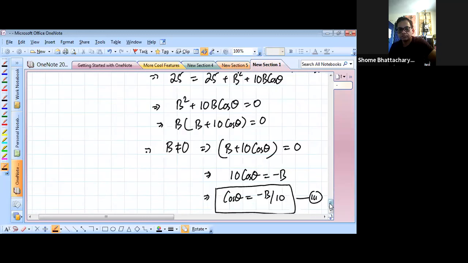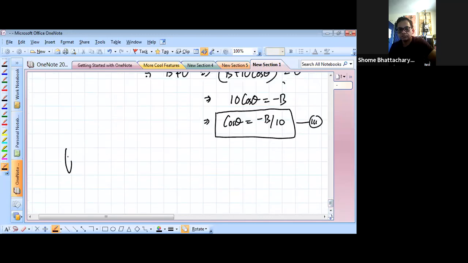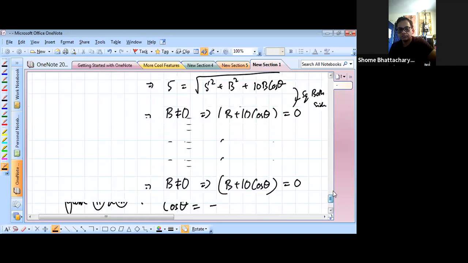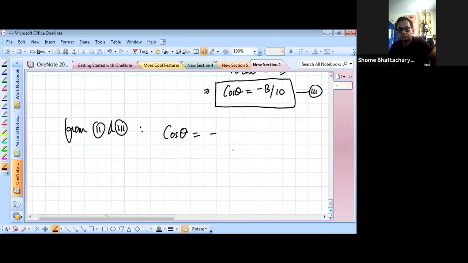You can see that if you compare equations 2 and 3, from equations 2 and 3 we can replace cos theta, which in equation 2 was minus 5 by 2B, and according to this, it is minus B by 10.